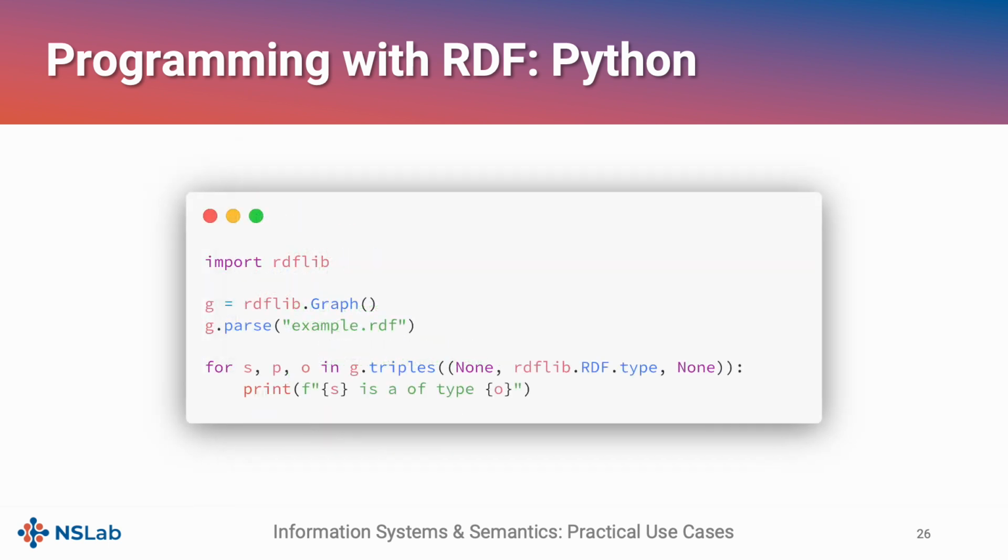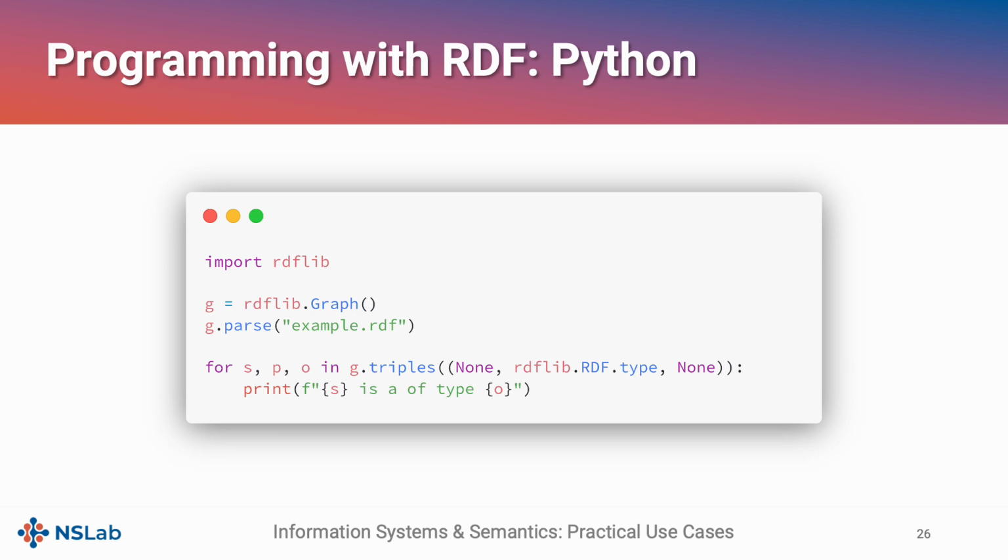And the final example is about traversing a graph, actually taking a look what is in the graph in some other way than using SPARQL queries. So we here again parse some graph from the file, and then we are going through filtered triples where the predicate must be RDF type. So we are looking for these subjects and objects.